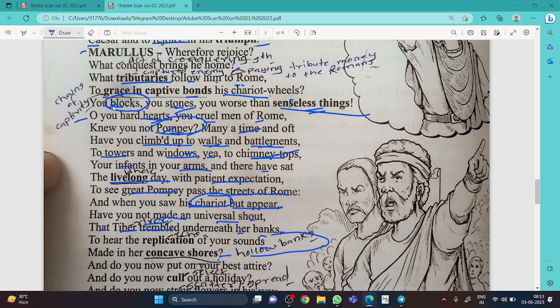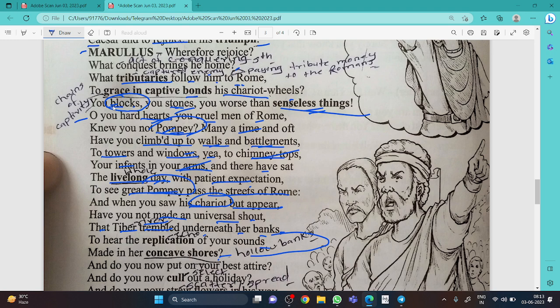They used to keep their infants, means newborn babies, in their arms, and sat the whole day long with patient expectation to see Pompey. Actually, Pompey, just like Julius Caesar, was also a very powerful person in Rome, but it was he who was defeated now. But this news is not known to Marullus.